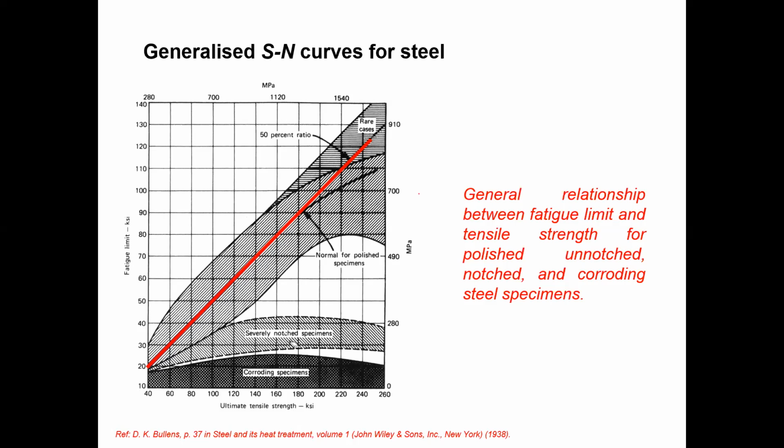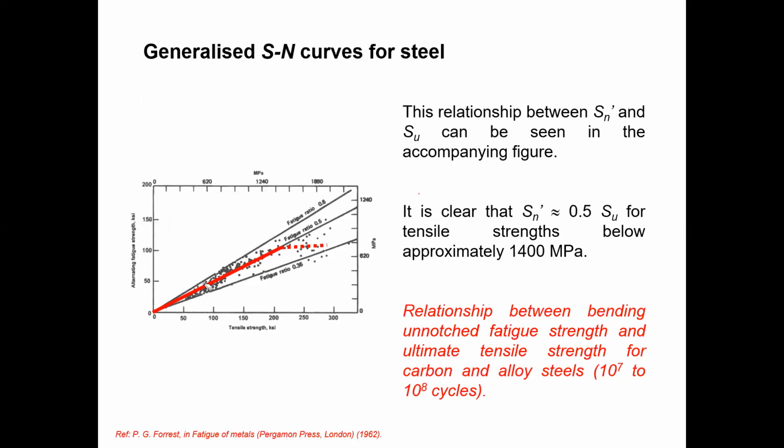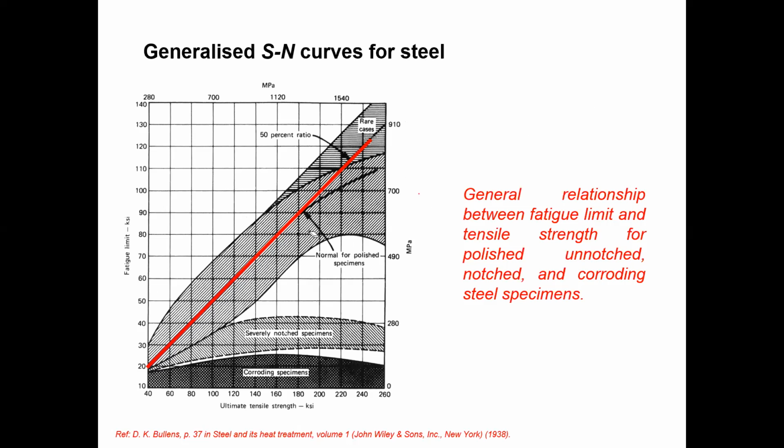You can see the severely notched specimen: this is the data band, so the real experimental data band is like this. If it is a corroded specimen, it will be something like that. And if it is a normal polished specimen, this is the range band. And this is for the rare cases, the ideal specimen. This region.